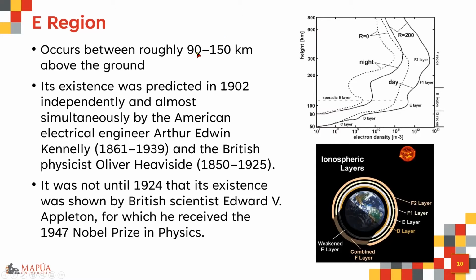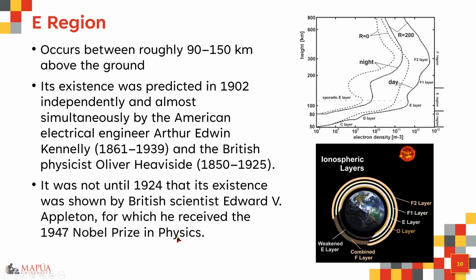It's roughly around 90 to 150 kilometers. This is the first layer of the ionosphere that was discovered, okay, by the Nobel laureate Edward Appleton. So this is the Nobel Prize winner in 1924.